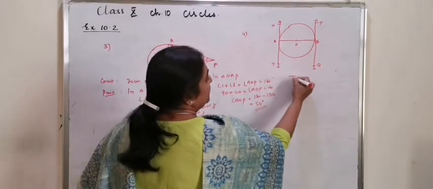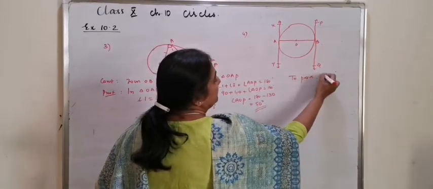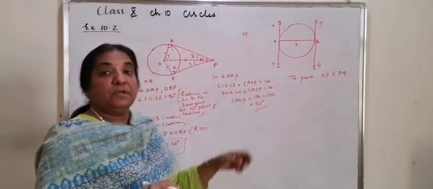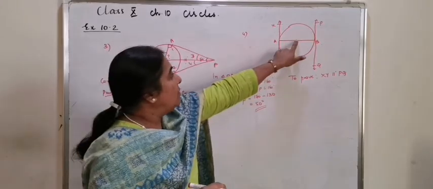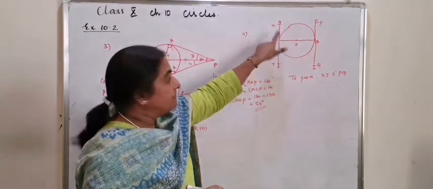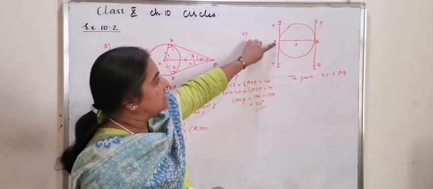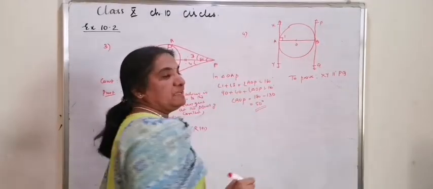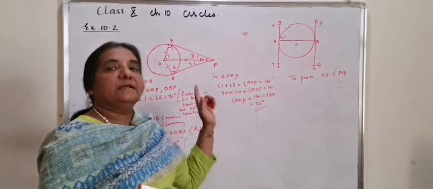So what is to prove is XY parallel to PQ. And now the same first theorem: OA is a radius, XAY is a tangent at the point of contact A. Therefore, angle 1 is equal to 90 degrees.